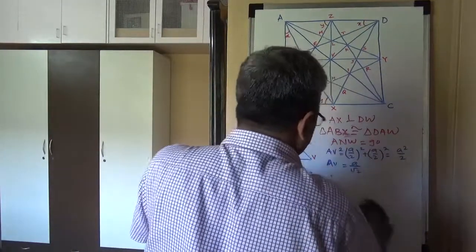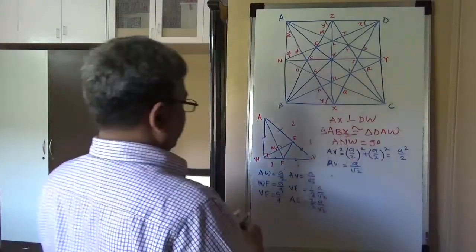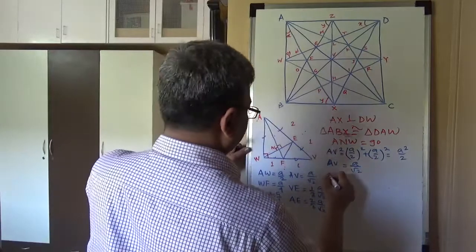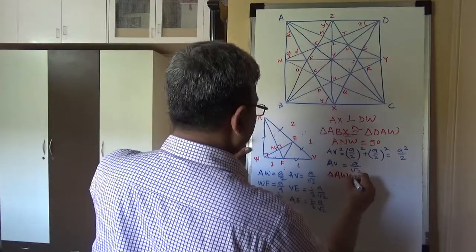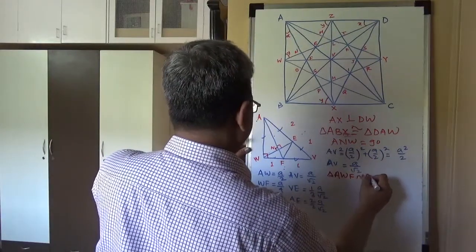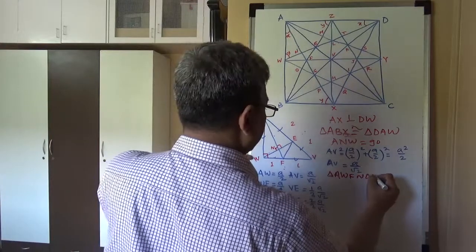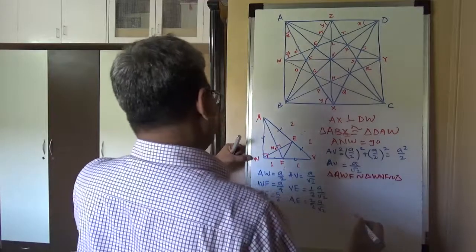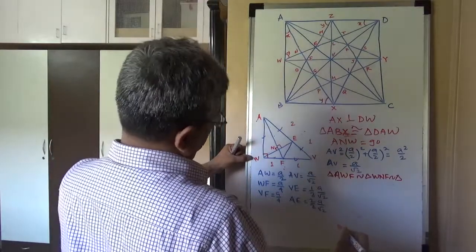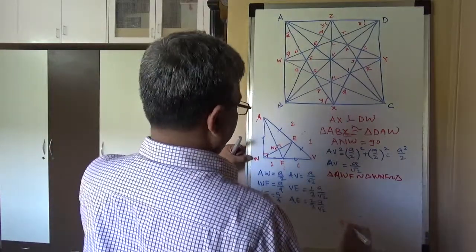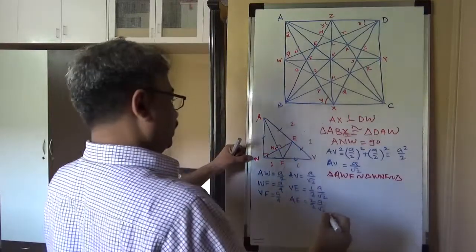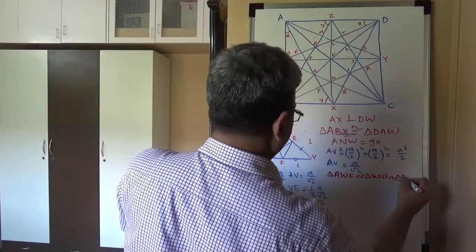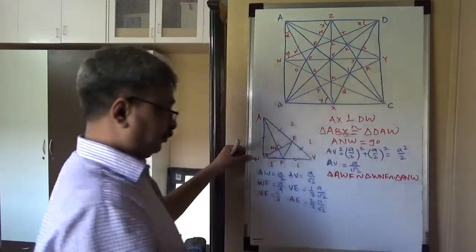Okay, so in this triangle, basically complete similarity, the last lecture contained. Triangle AWF is similar to triangle WNF is similar to triangle AWF. So small, 90, large, so ANW.